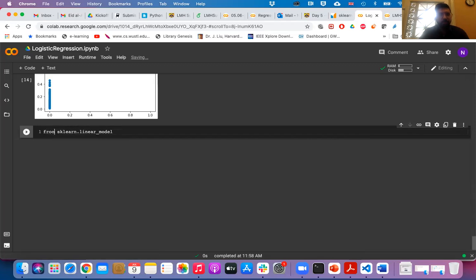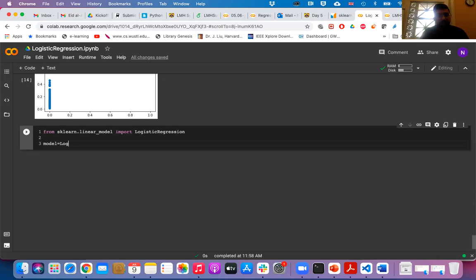Just import it from there. You can import the logistic regression model. After you have imported it, you can instantiate an object from this class. And then you can just fit this with your data. So this is X and Y.